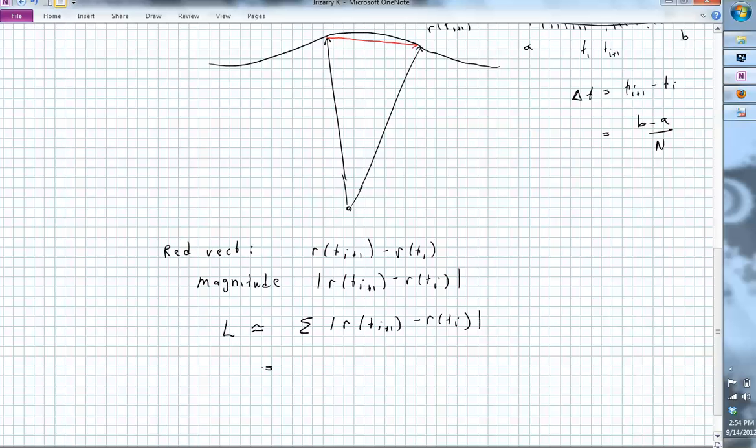And then I'm going to do a little algebraic trick. I'll call it delta t. I'm going to divide by delta t and multiply by delta t. And now this looks like a Riemann sum.